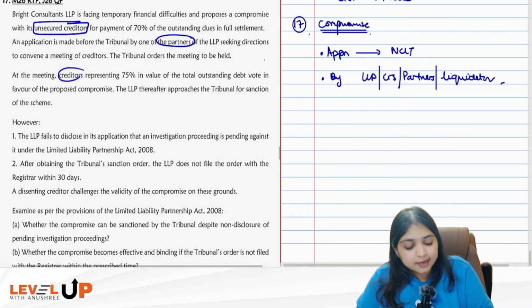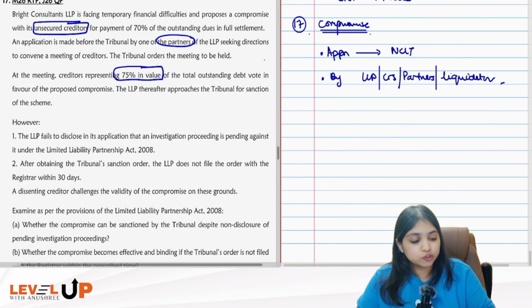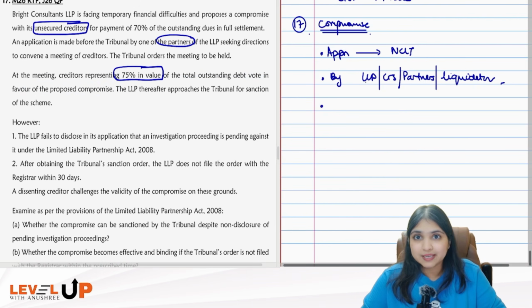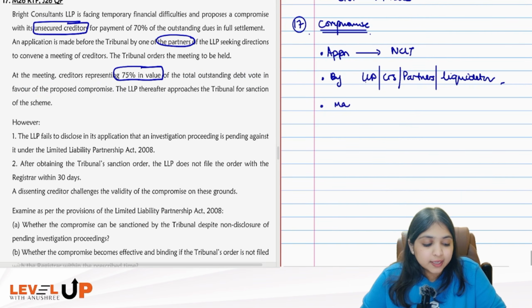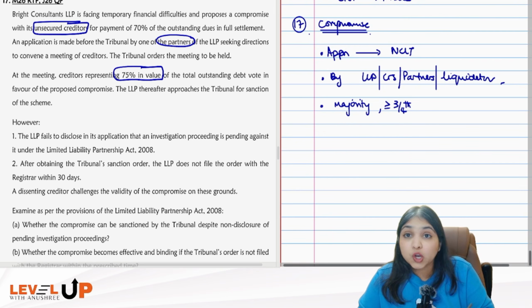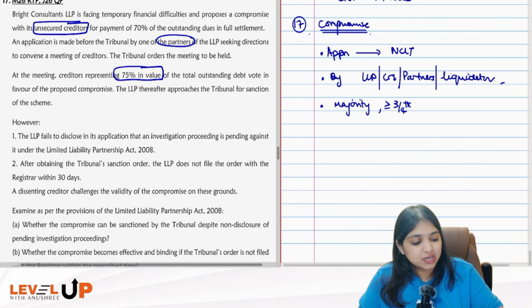At the meeting, creditors representing 75% in value of the total outstanding debt vote in favor of the proposed compromise. So in the meeting of the creditors, which is ordered by NCLT, we need consent of the majority of the creditors who are holding at least 3/4 in value of the debts. Here if you see, we got consent from creditors holding 75% in value.